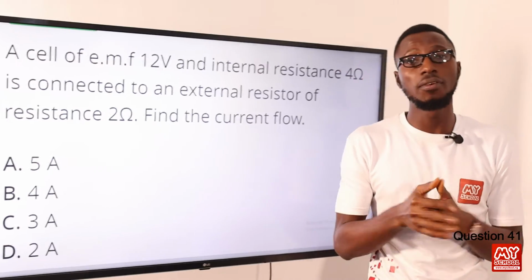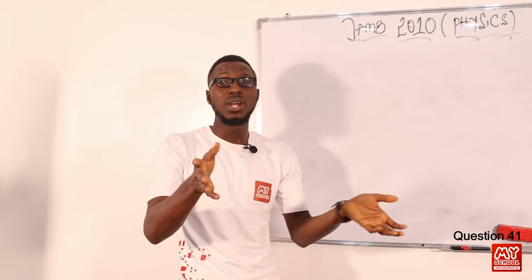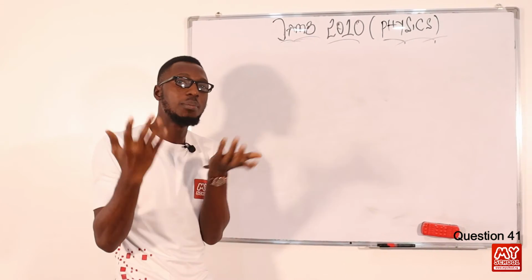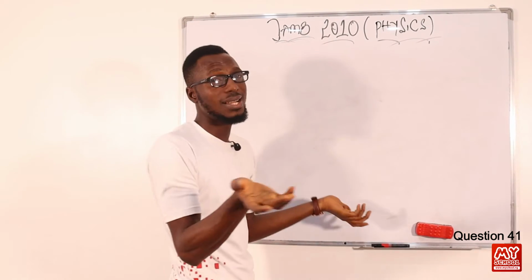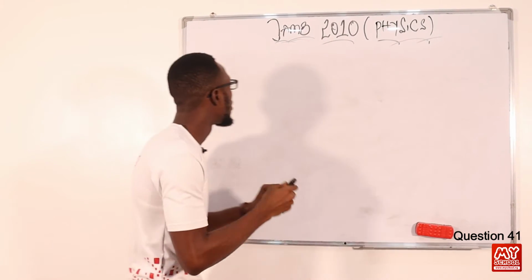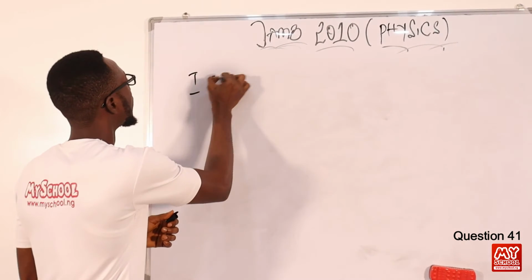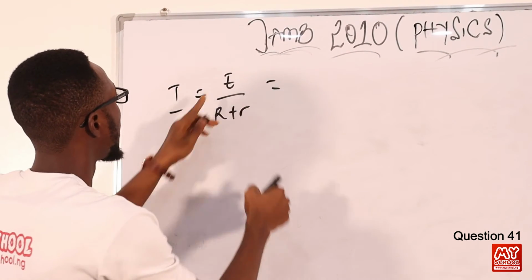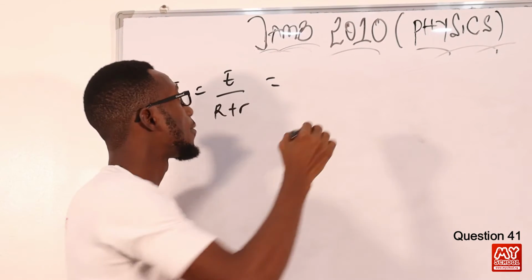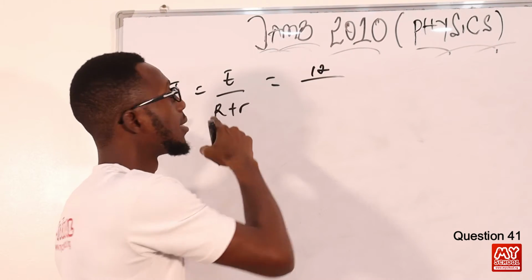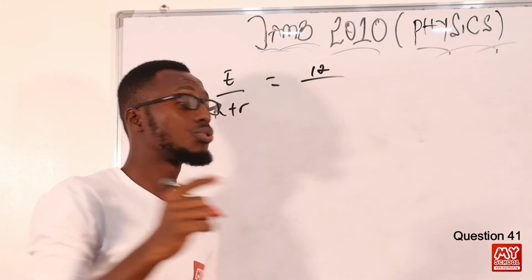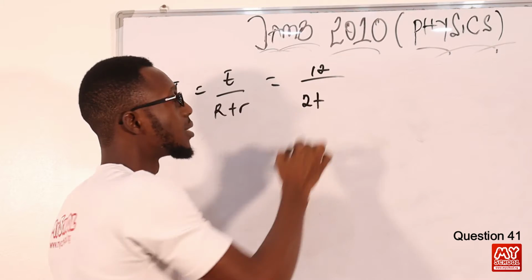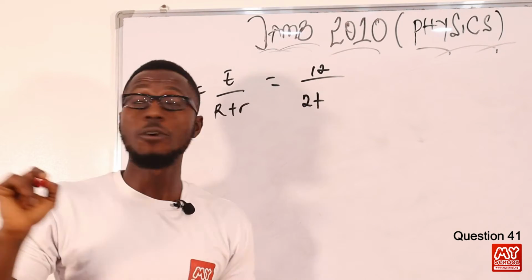Remember that the EMF of a cell is the PD across its terminals when the circuit is open, that is, when it is not supplying any current to any external circuit. All right, so we are going to use this formula. The EMF is given as 12 over the external resistor, which is 2 ohms, plus the internal resistance, which is 4.